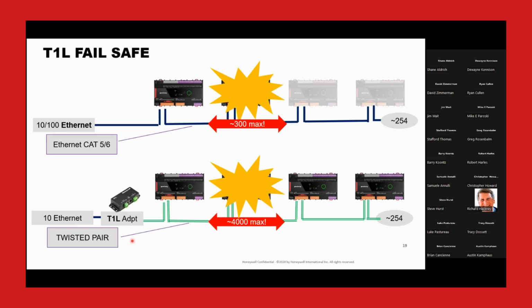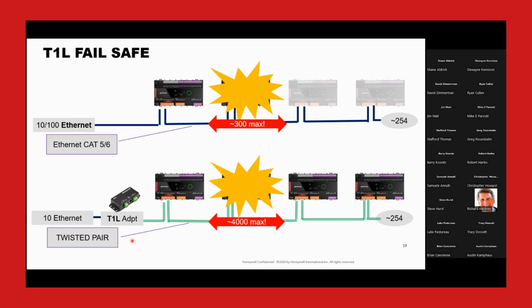The other thing to keep in mind is that although it can work on an existing lawn cable, all the lawn controllers would have to be yanked off that bus and all converted to T1L. And it's only going to work if your lawn controllers were wired in a daisy chain. Unlike T1L, lawn allows a free topology.